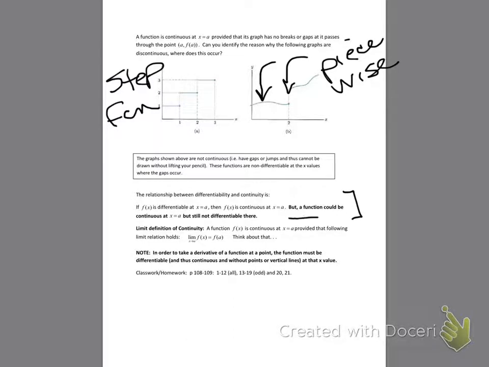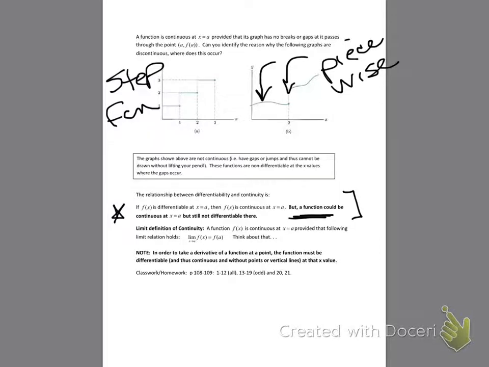However, and this is the big "but" in bold, a function could be continuous at x equals a but not differentiable. Think about your piecewise function, your cusp, your corner, your vertical line, and your point on the first page of the notes. All of those functions were continuous, but they were not differentiable at that point.